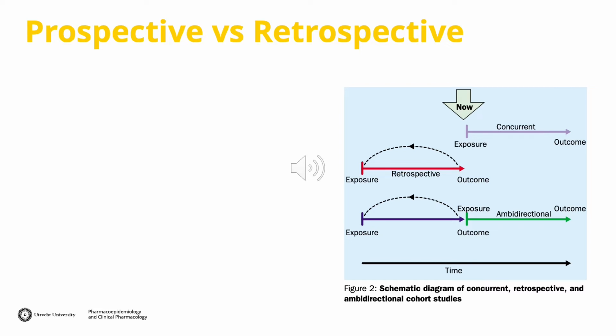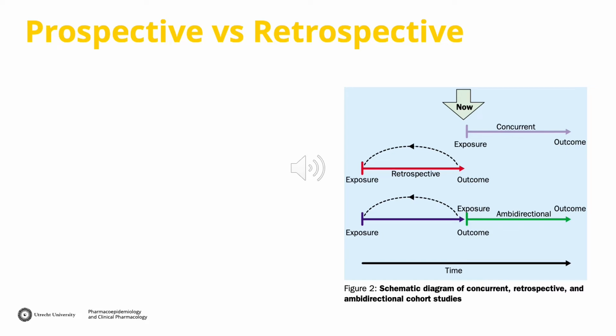So you're always determining whether exposure and outcome happened first or second. Like, what happened first, the exposure or the outcome? That's easily identifiable in both prospective and retrospective cohort studies. It's just a matter of when that happened with relation to the current point in time that you're in.